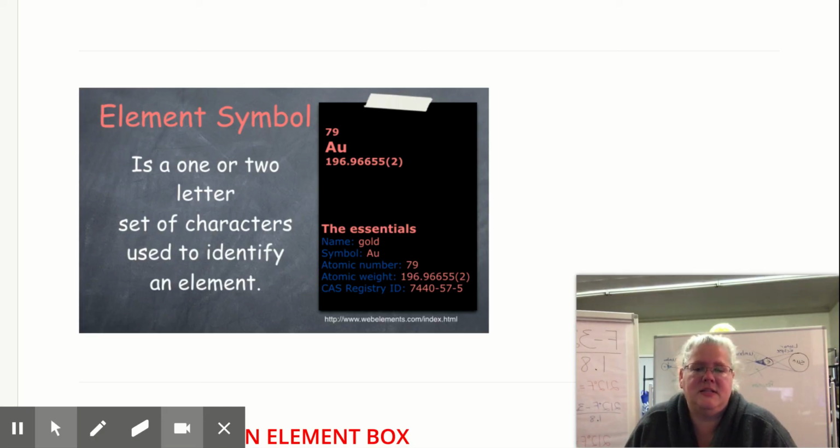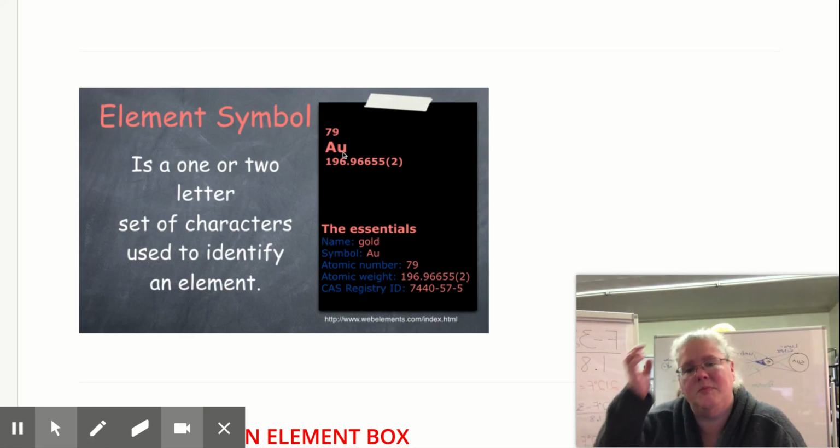So one has 6 neutrons and one has 8. If I take the number of protons plus the number of neutrons, I get my atomic mass. So if I take my atomic mass and subtract my atomic number, which is the number of protons, mass minus atomic number tells me how many neutrons are in the nucleus.